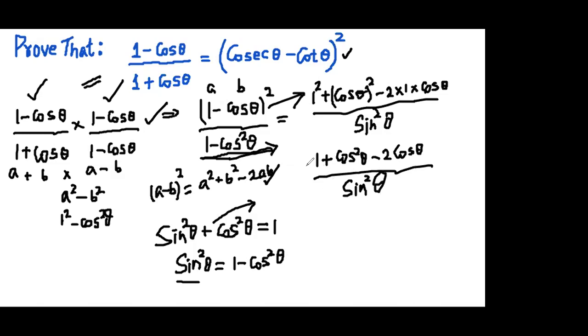Now you can write it as 1 by sin square theta plus cos square theta by sin square theta minus 2 cos theta by sin square theta.